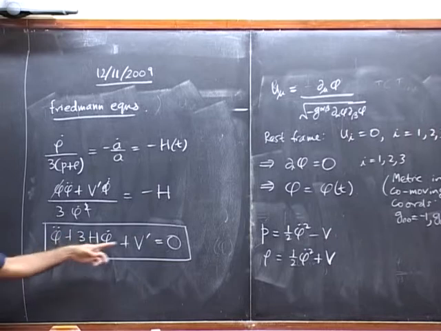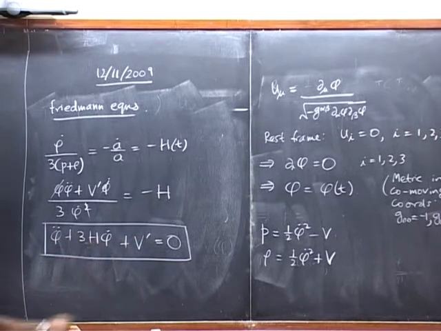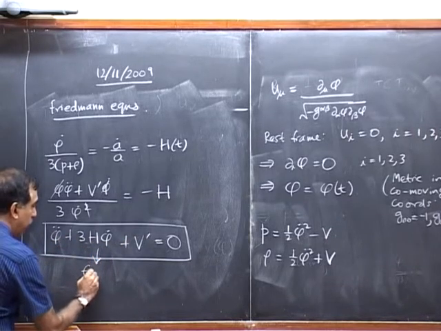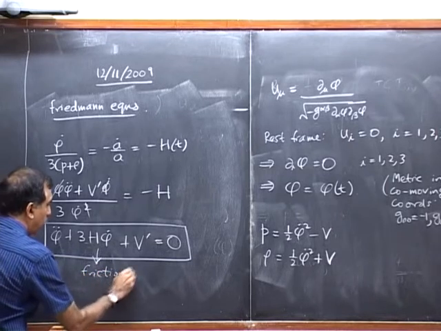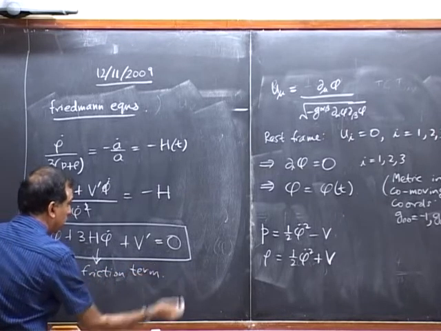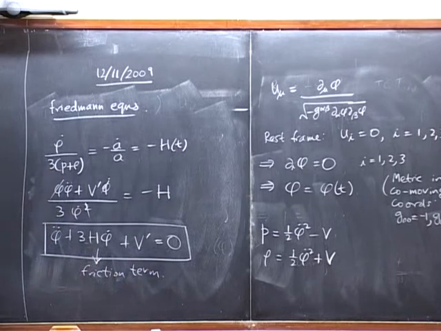And that's what we get, except that we see this friction term, and the friction term depends on the Hubble constant. In fact, the coefficient of friction is 3 times the Hubble constant. But it's not a constant, so it's a time-dependent friction term, so it's not that simple.